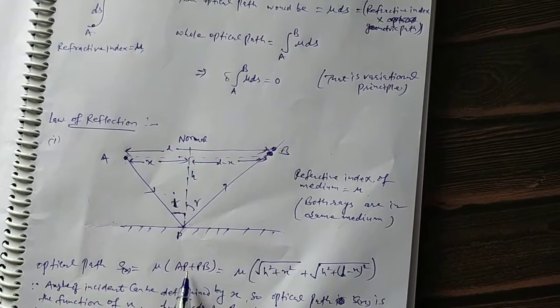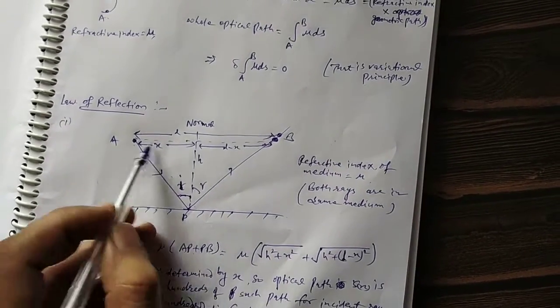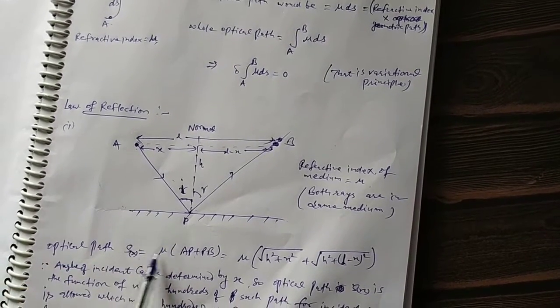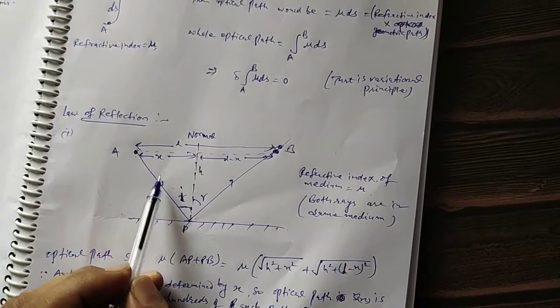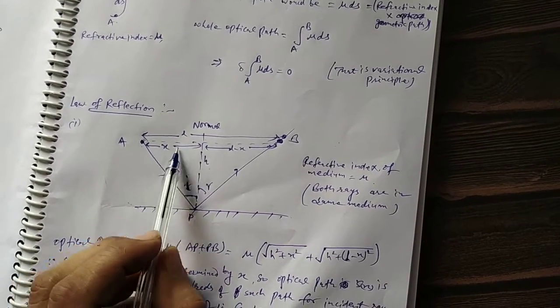So mu into AP plus mu into PB. Using trigonometry, S equals mu times the square root of h square plus x square, plus the similar term.